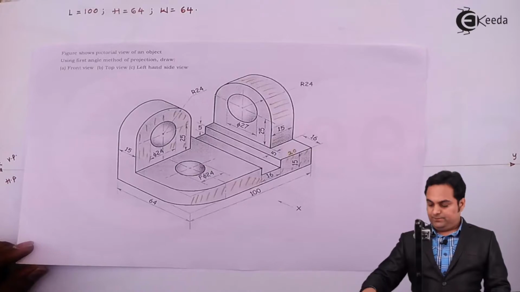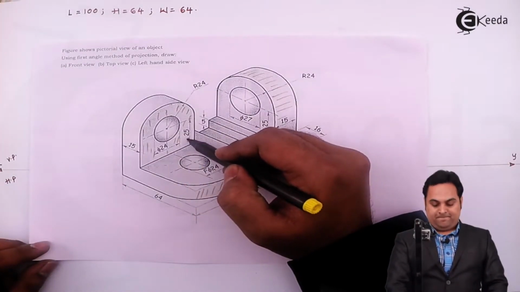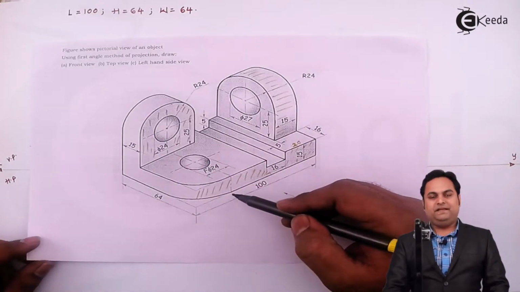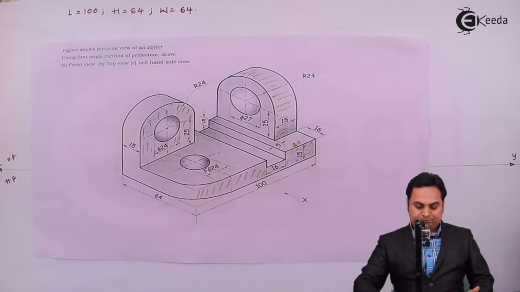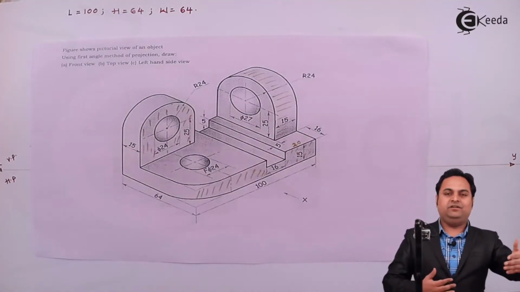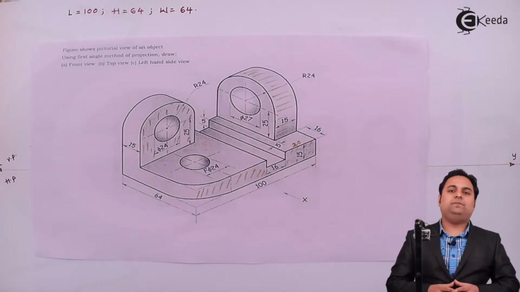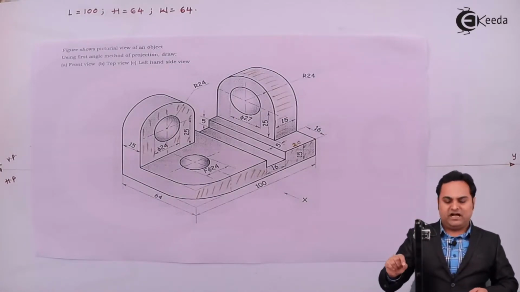And if we see here, this plate and the semicircular part are not on the same plane, meaning this plate is forward whereas the semicircular part is behind. So there is a change of plane between them, and that change of plane will be indicated with the help of a dark line.